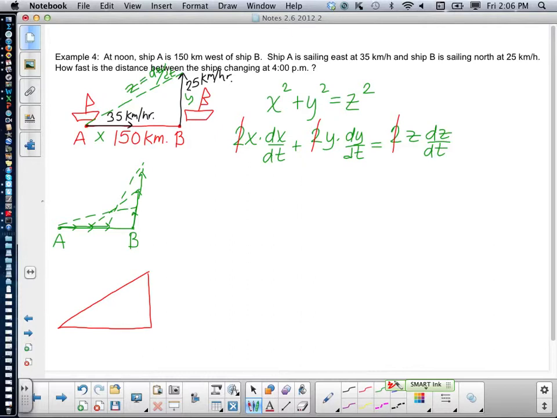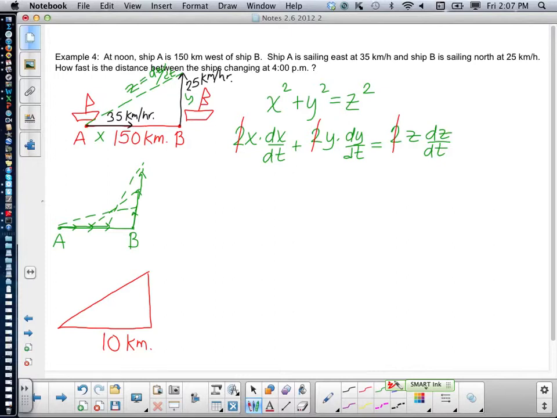All right, so if ship A was right here at noon, 4 hours later, he's traveled how far to the east? 140 miles, okay? And so now this dimension here is only going to be, this was 150. If he traveled 140, this is only 10 kilometers. You guys follow that? All right.